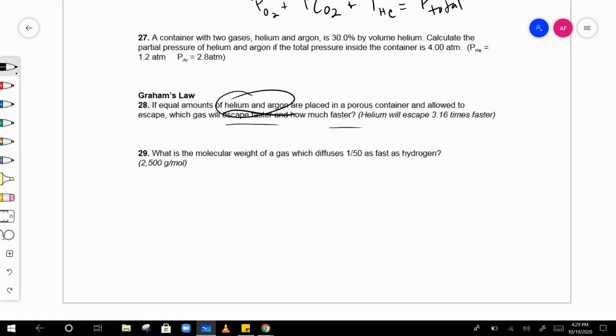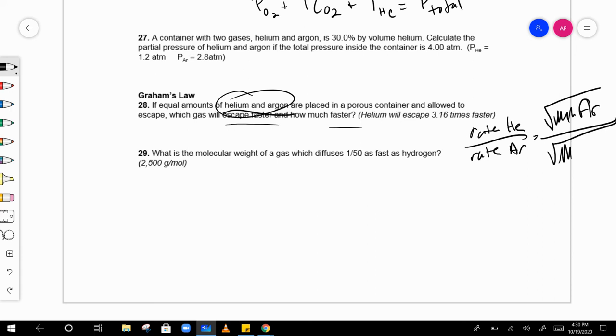I actually forget what the molar mass of argon is, but it's going to be the rate of helium over the rate of argon equals the square root of the molar mass of argon over the square root of the molar mass of helium. Just notice that they're switched.